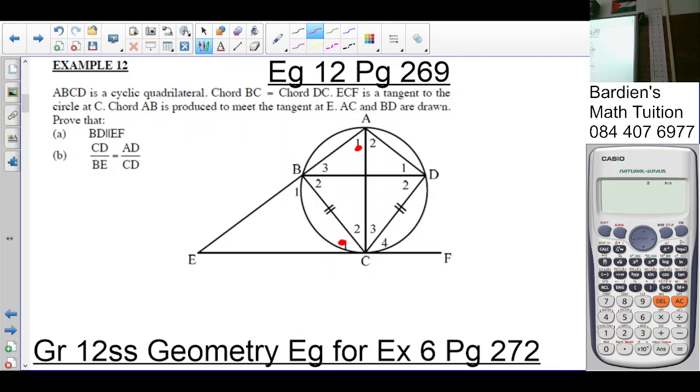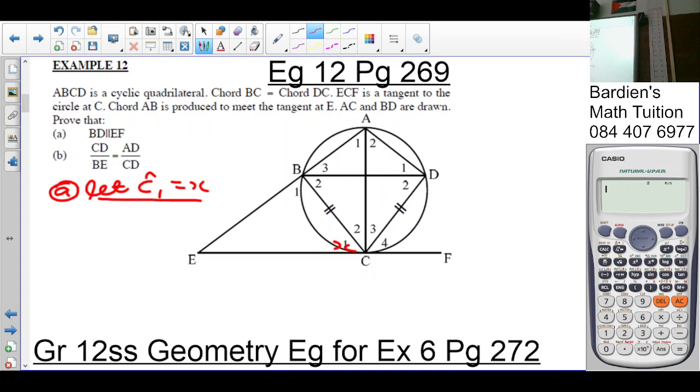So angle C1 is equal to angle A1, not so? And A1 is also equal to A2, and A2 is equal to B2. There we can see the alternate angles are equal. Can you all see that, people? So let's lay that out nicely now. So we start off by saying, let C1 equal x.